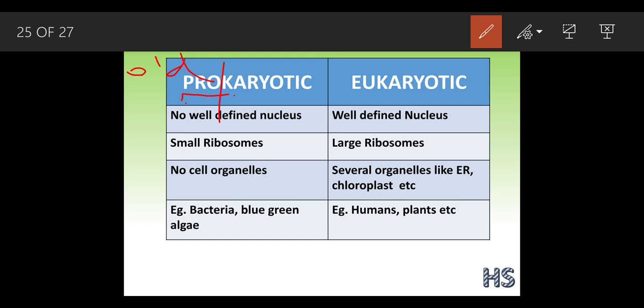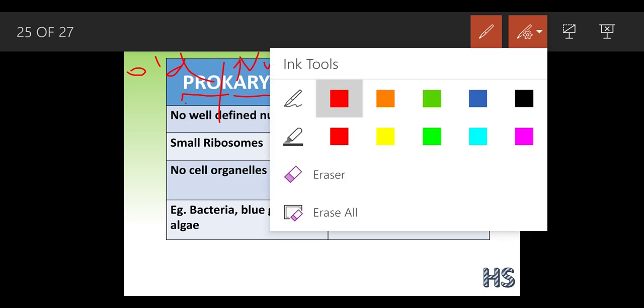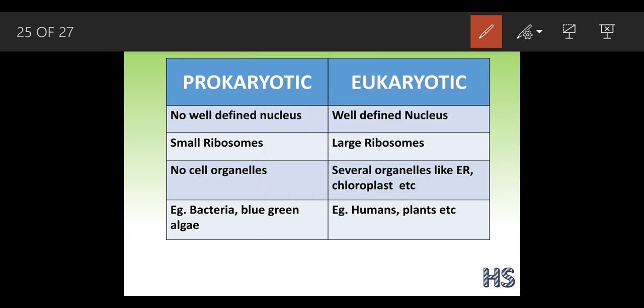The word karyotic means nucleus. The word eu means true, and karyotic, as already mentioned, is the nucleus. So: old nucleus and true nucleus. Let's understand them perfectly.